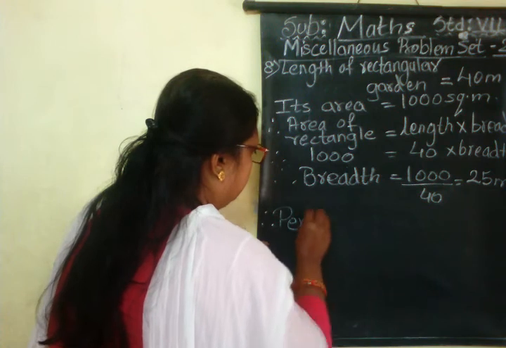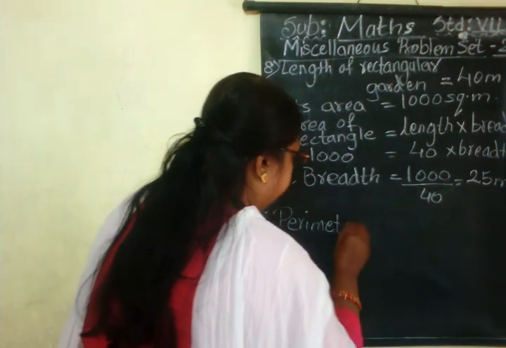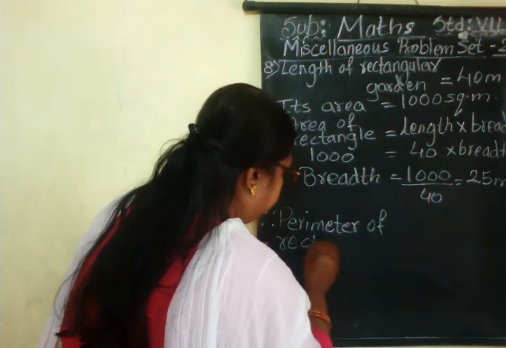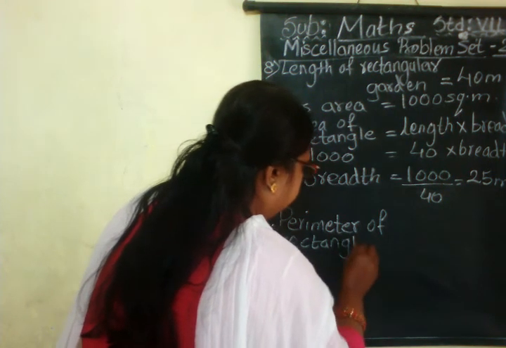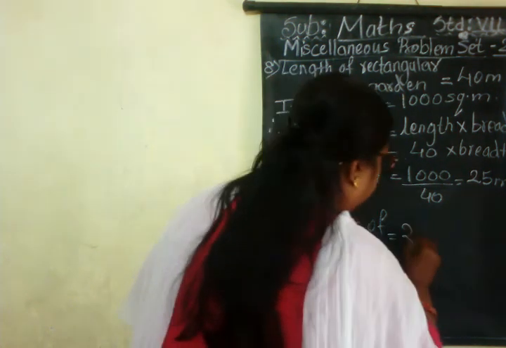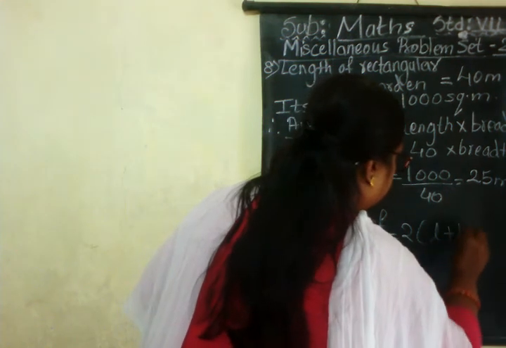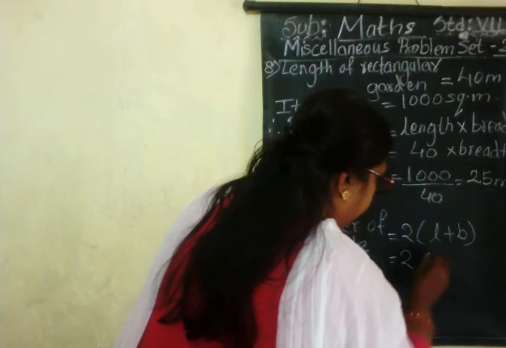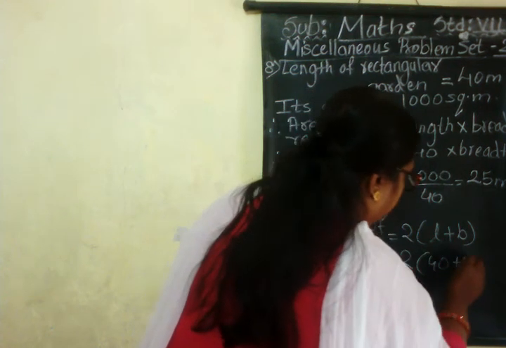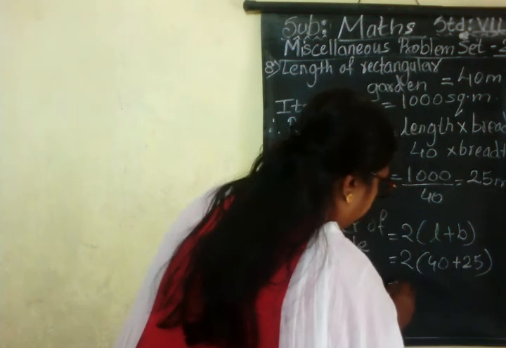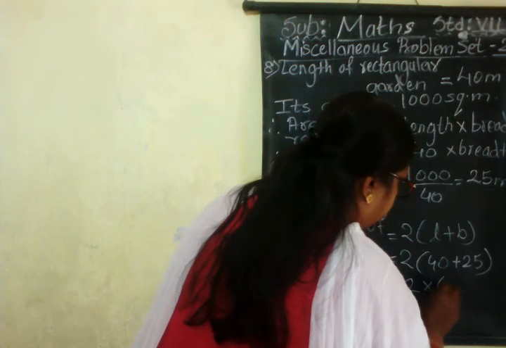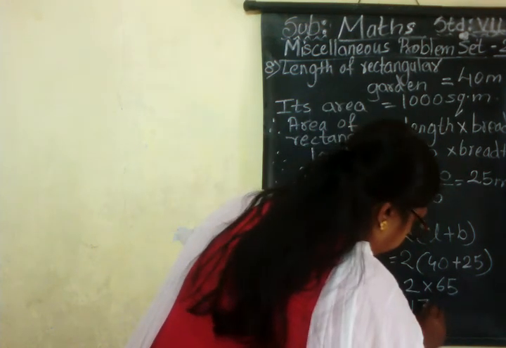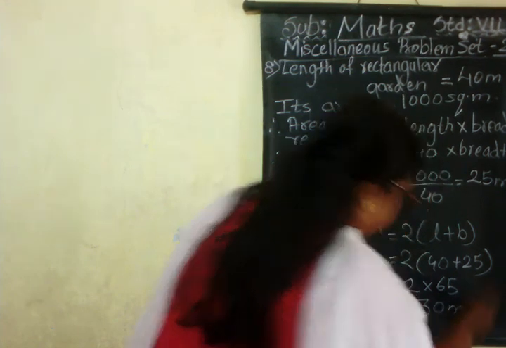Perimeter is asked. Perimeter of rectangle is equal to twice L plus B. So this gives us answer twice 40 plus 25, which equals twice 65, which gives you answer 130 meter.